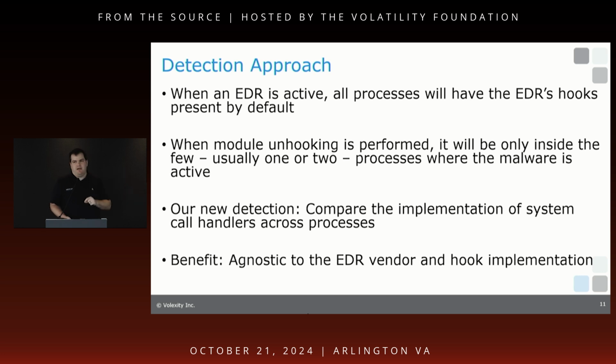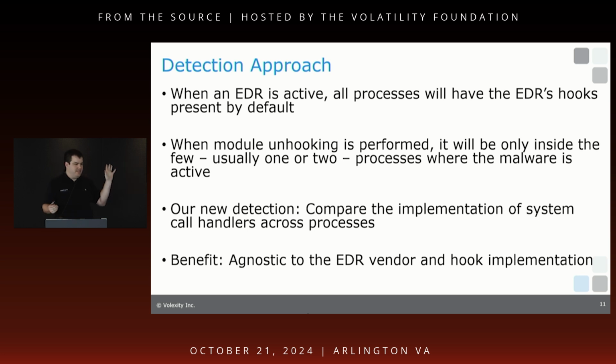The basic idea behind this detection is, if you're on a system like a production enterprise system where an EDR is active, every process is going to have its system calls hooked. And like I said, in most cases, it's going to be 100 plus system calls. Then when malware comes to that machine, it's going to pick maybe 1 or 2 processes at most that it's targeting, and it's going to unhook those.